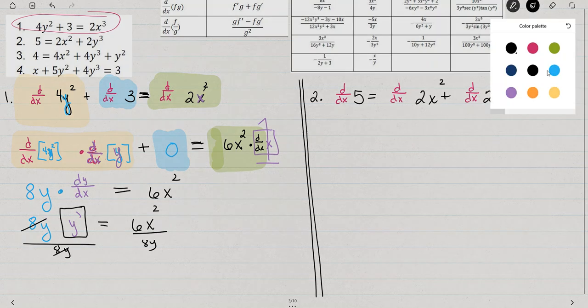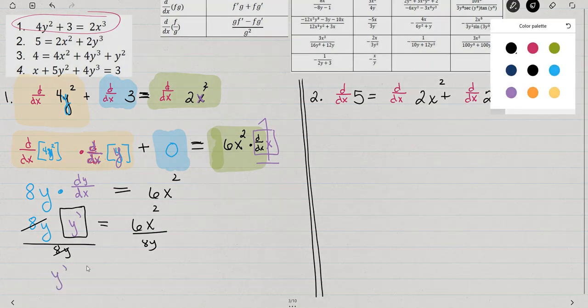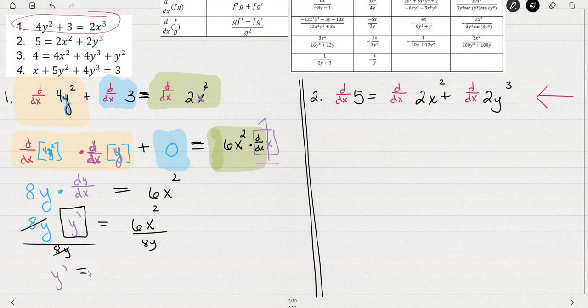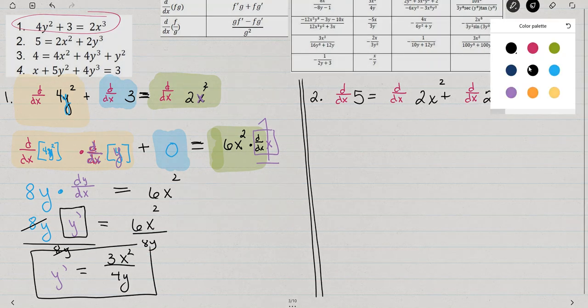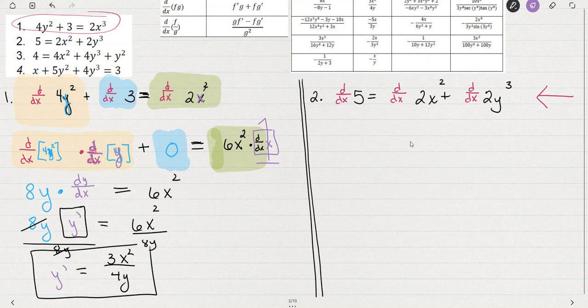So I have y prime on the left, and y prime equals 6x squared over 8y. Notice that that can be simplified, so I'm going to write it as 3x squared over 4y. And there we have our first answer, and look, it even falls into place here in the answer box. Where was it? I found it earlier. 3x squared over 4y.